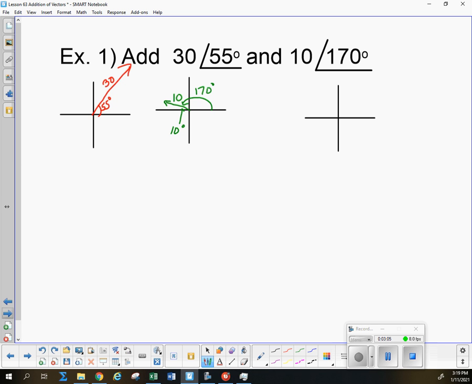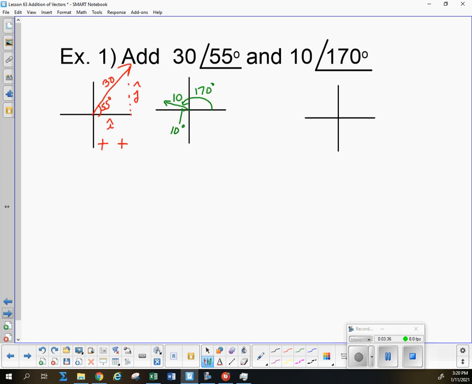I need to get ihat and jhat for each of these, and today I'm actually going to give you a little bit of a shortcut that you may start using on these. We know that ihat is the horizontal part, and jhat is the vertical part. So for my red one, my 30 at 55 degrees, I am in the first quadrant, so positive, positive, and we want to write that down by our picture so we know what we're doing.